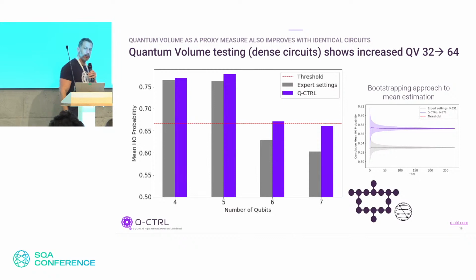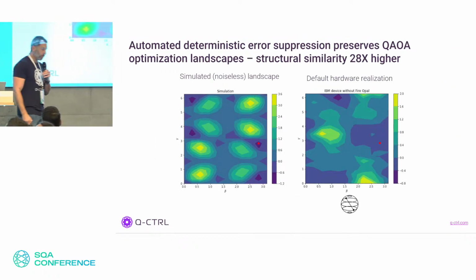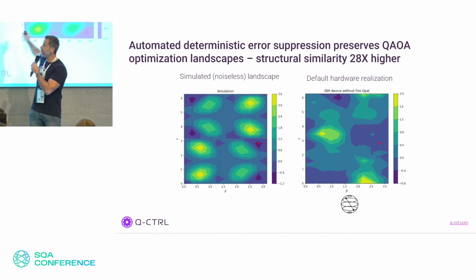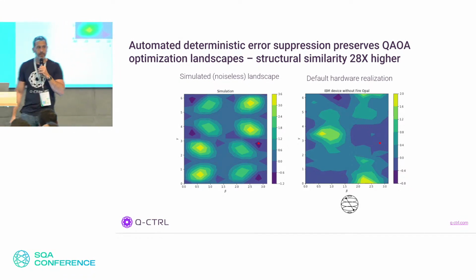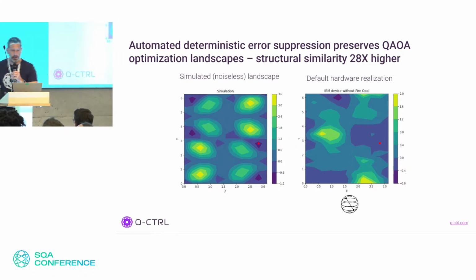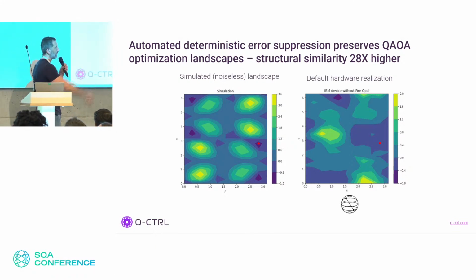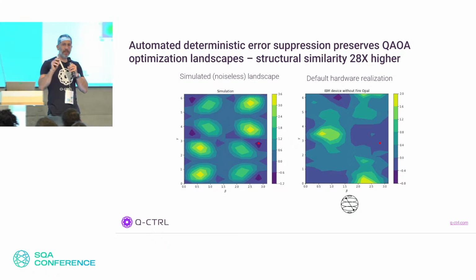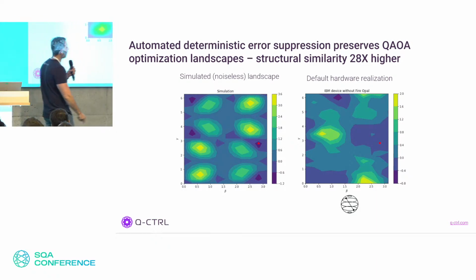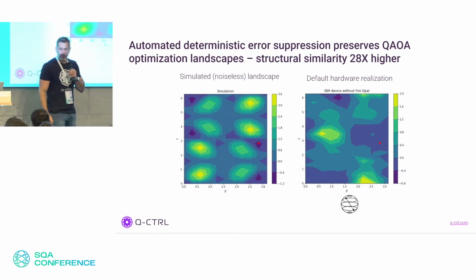I'll show you quickly two more examples. One is QAOA. What I'm showing here on the left is the simulated landscape as a function of the two QAOA parameters, gamma and beta, where you have whatever the complex landscape is. When you actually do the measurement point by point of what the energy landscape looks like, with the default configuration, what you see is on the right.